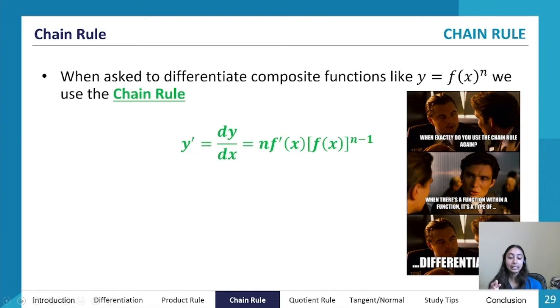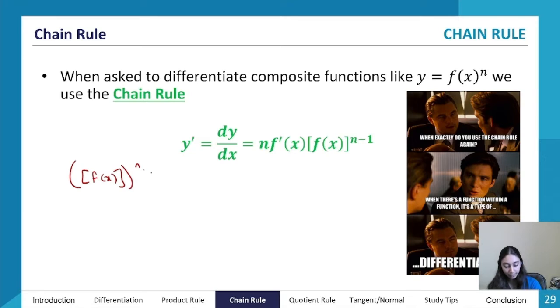Okay. But basically, it's when we have a whole function to the power of n. So instead of it just being like x to the power of n, it's going to be some disgusting function that we'll call f of x, right? All to the power of n. Okay.